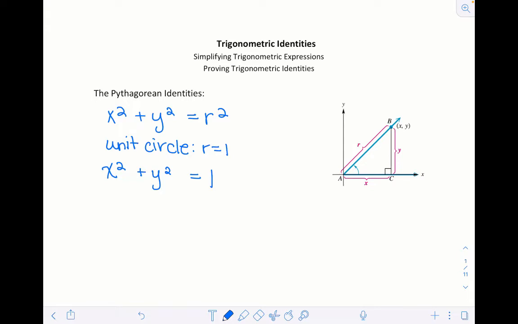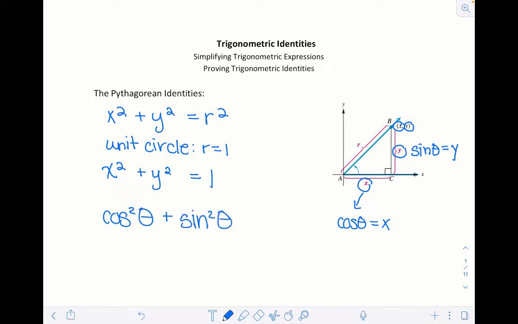But if we recall from our definitions of the trig functions based on the unit circle, x is where we get our cosine value. So cosine of an angle is equal to x, and sine of an angle is our y value. If we plug that into the Pythagorean theorem, we get that cosine squared plus sine squared is equal to 1.